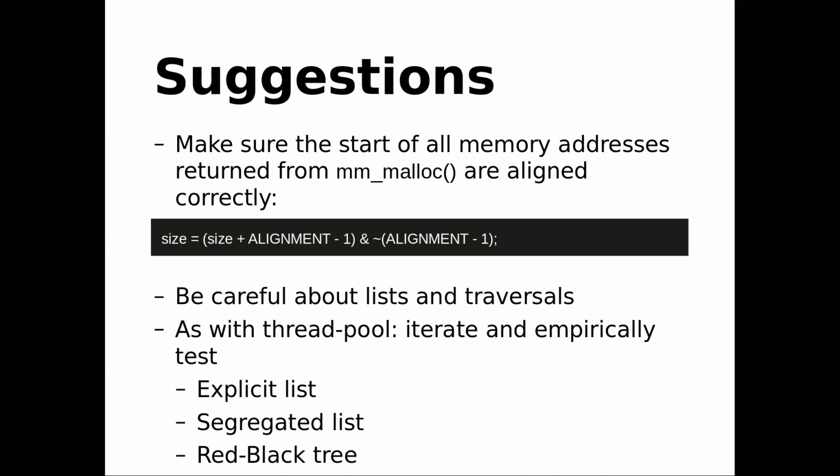So here is another suggestion. You need to make sure that, like I said earlier, all the payload bytes are aligned correctly. This is a macro that I think we put inside of the provided implicit C file that can essentially align some bytes to a particular alignment. Another thing to be careful about, and this is something that gets a lot of students, is to be careful about the linked list approach.